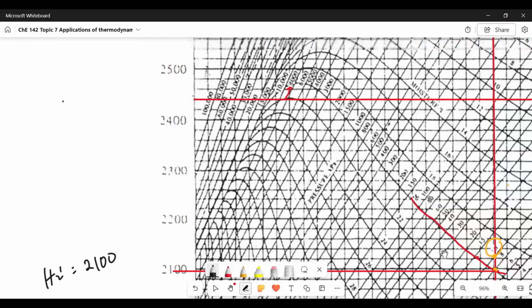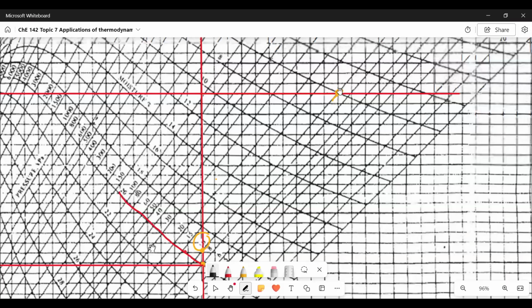This is so fun. H2 is 2442. That's about 0.5. So where it intersects with the 10 kilopascal line, which is this one. Oops, let me try. So difficult to make a line.